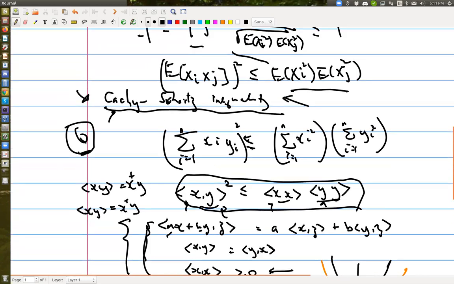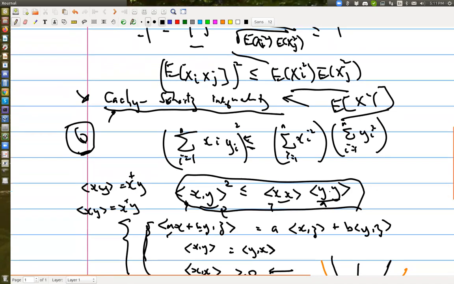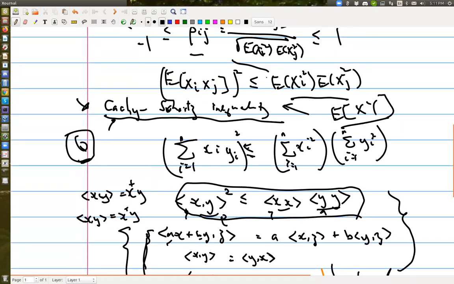So in this case, I can define my inner product with some random vectors x and y. The inner product is basically just equal to the expectation of x and y. And then you can show that this kind of property holds. So therefore, immediately from the Cauchy-Schwartz inequality, we'll have this is basically equal to xx here.